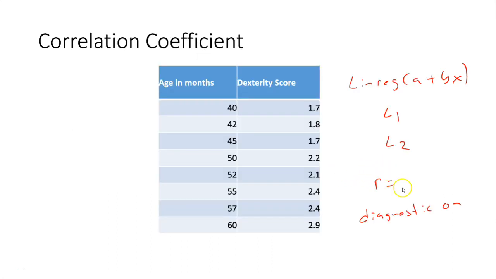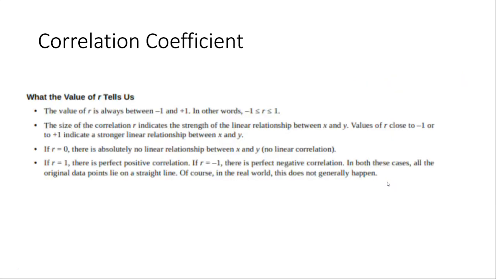Okay, so now we have a correlation, and this is a number that's going to tell us if there's a strong association. It's going to tell us more than just strength. It'll also tell us the direction, and I'll tell you all about that here. So here's what we get when we get a value for correlation. It's always going to be between -1 and 1. Every time. There's no other choices. -1 is a perfect line, so is 1.